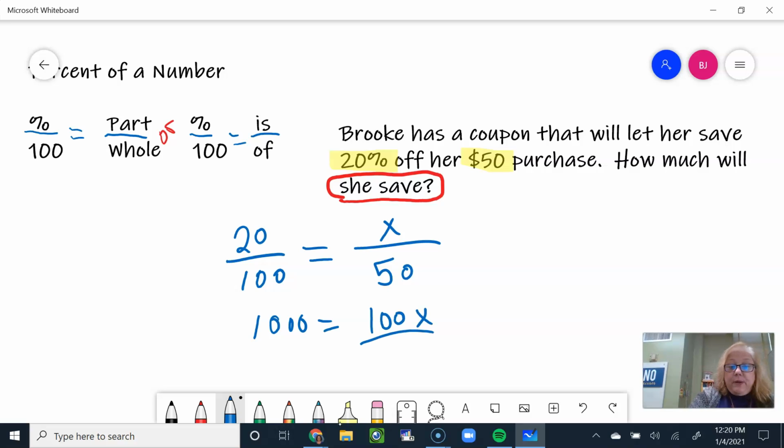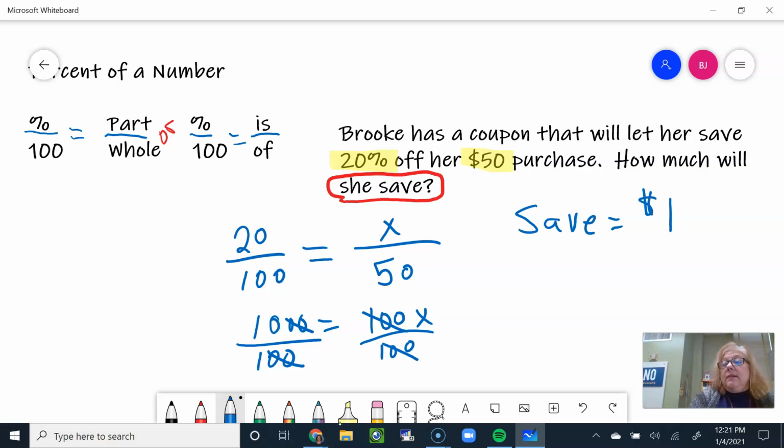You divide both sides by 100. There's 2 zeros, take off 2 zeros, and you get, she's going to save $10. That's how much she's saving, because the question is asking how much she's saving. It's not asking how much she is purchasing, it's asking how much is she saving.